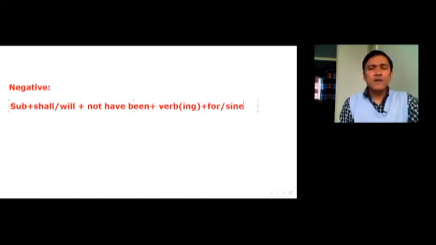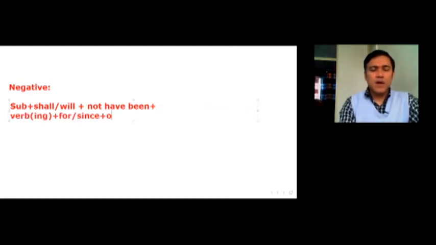We know that for every perfect continuous tense like present perfect continuous tense, future perfect continuous tense, past perfect continuous tense, we can use for or since plus object.